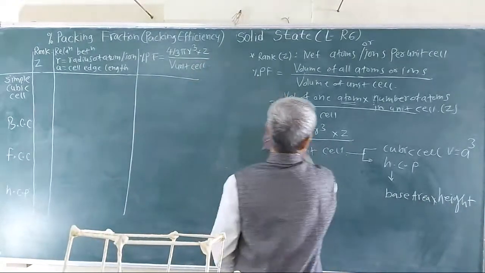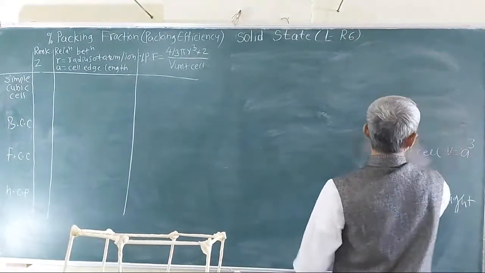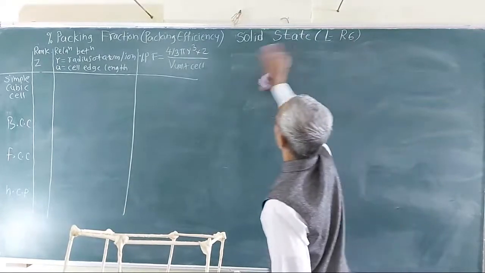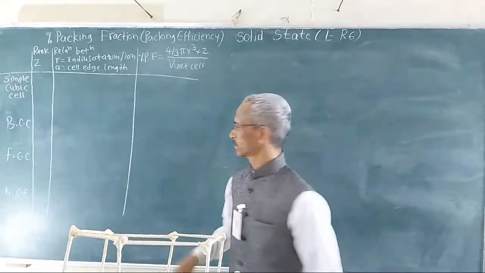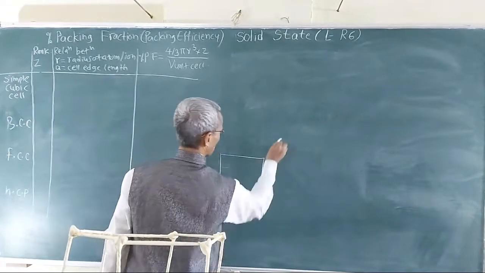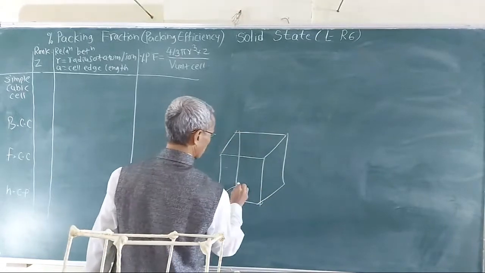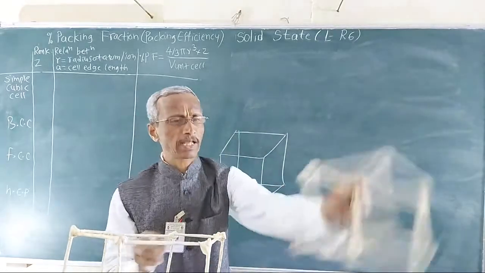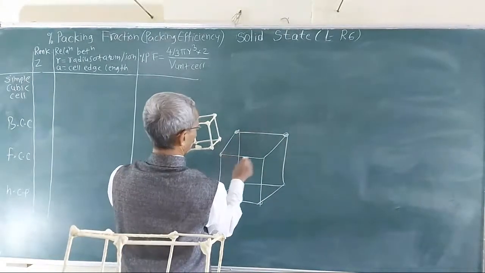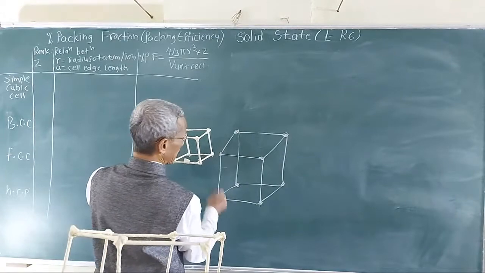Then consider the rank. How are the ranks for different cells? Consider, suppose this is a cubical unit cell, right? So here, if you consider just like this, there are 8 vertices, and at the 8 vertices there are 8 atoms or ions.